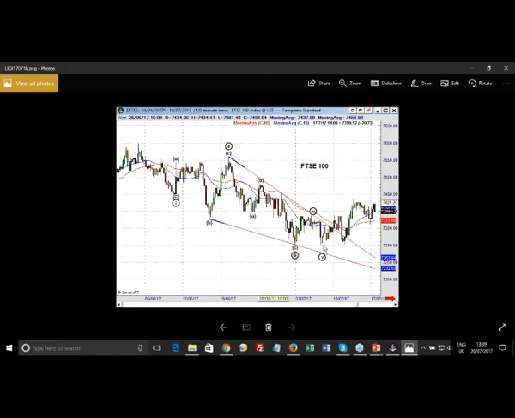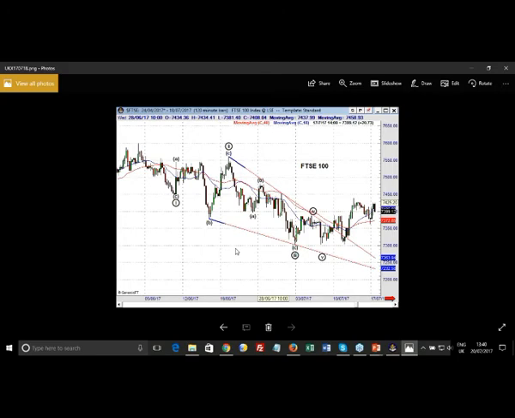Because normally it should end below. It should end near that line, the lower line, and it didn't. But what I'm showing you here is the reality of trading. I'm not going to show you a textbook pattern, because when you start trading, that is the reality. This is what you get.